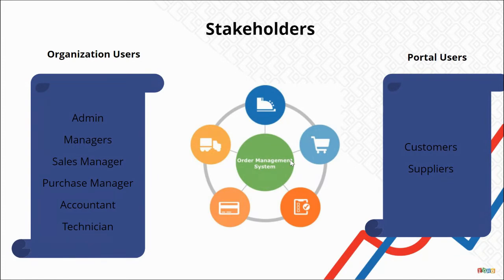For example, the customer might raise an order from the portal and the organization would receive the order from there. In those cases, the organization users would give access to the portal users. Again, just a recap: we have two stakeholders. One is organization users and another is portal users.